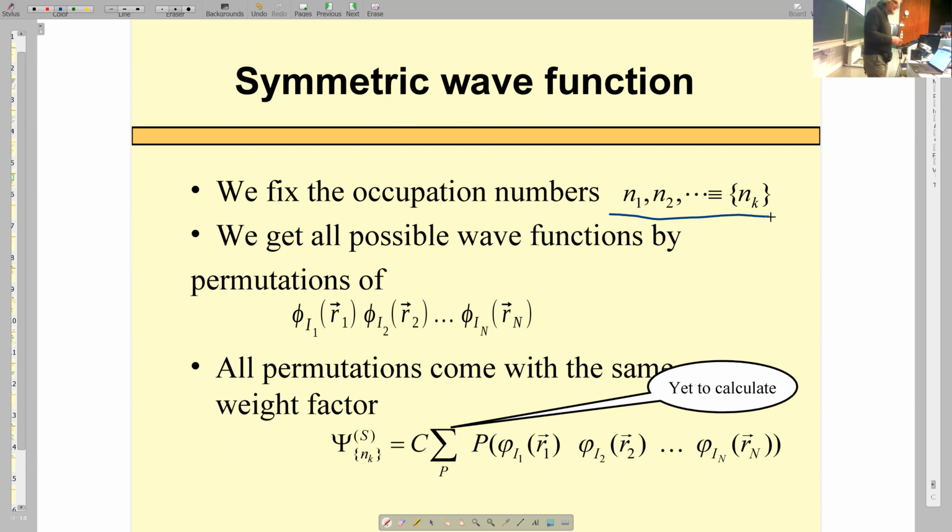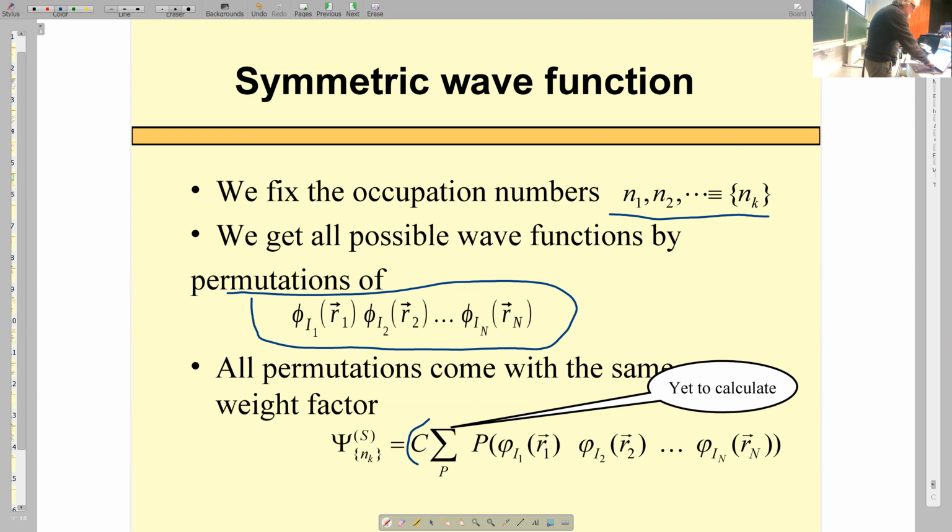And we have many wave functions which differ by permutation of particles. What we do is rather plain: we just sum up all possible permutations, with a coefficient which still has to be calculated from normalization. Let me do it for two particles.